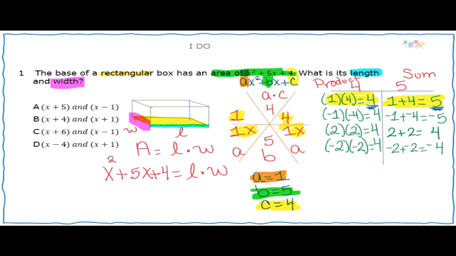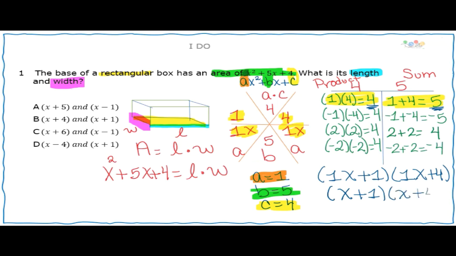So let's see if we can write them down. My first factor is going to be 1x plus 1. The second factor will be 1x plus 4. And yes, we can rewrite them without the coefficient 1. So it's x plus 1 and x plus 4. If you notice, there is one answer that matches that.